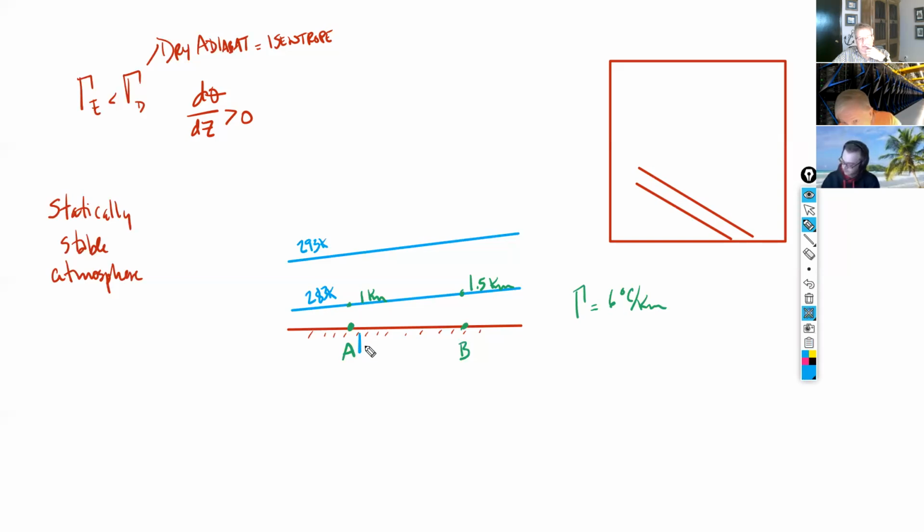Wouldn't it be 16? What would it be here? Oh, you changed it.